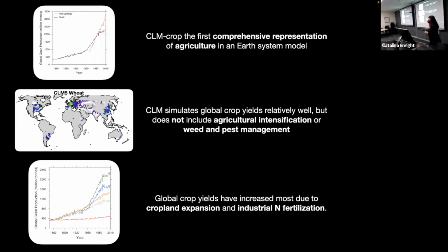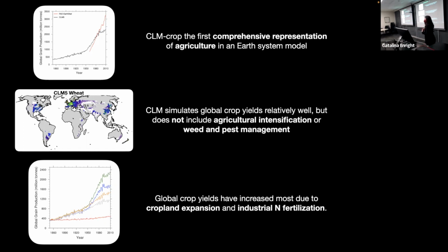Okay, so that's a little bit about how we represent agriculture in CLM and also how agricultural management has changed crop yields through time. I'll just highlight that CLM is the first comprehensive representation of agriculture in an Earth system model. So this is a really exciting new development. CLM also simulates crop yields relatively well, but it doesn't include agricultural intensification or weed and pest management.